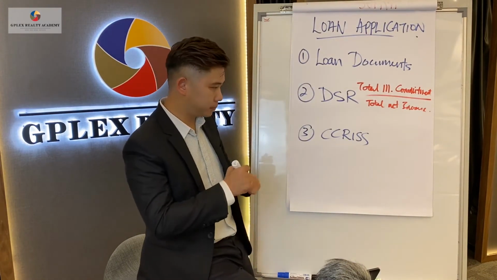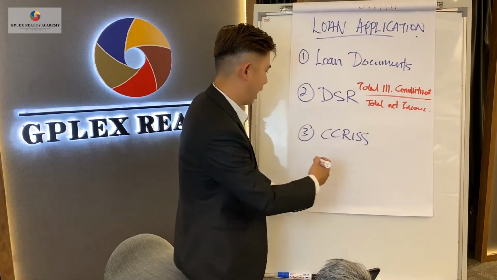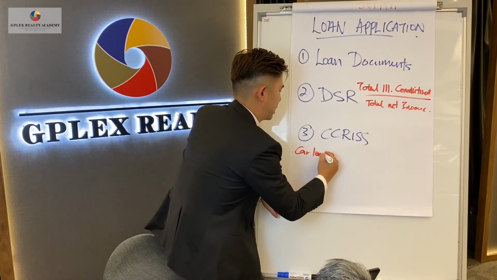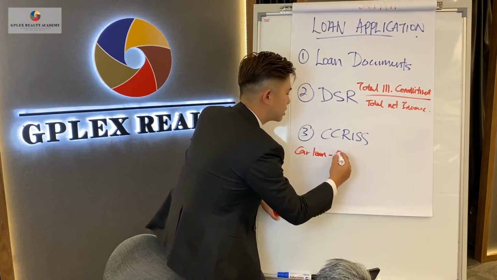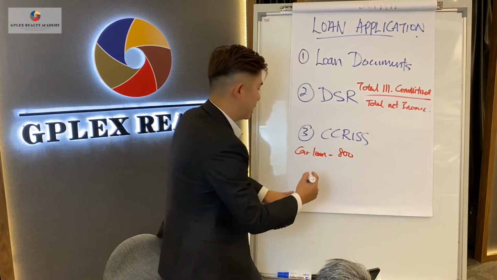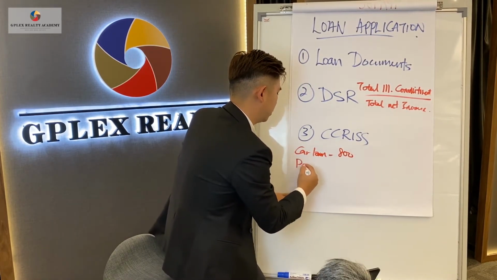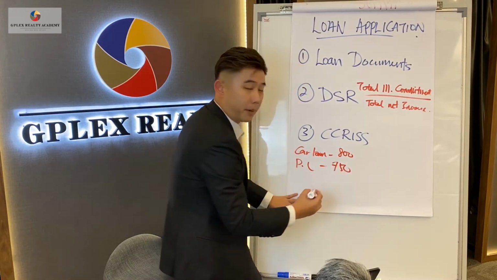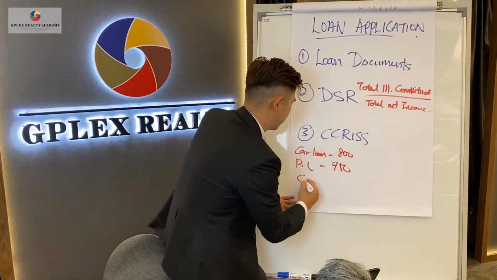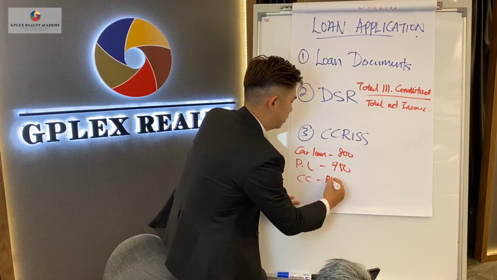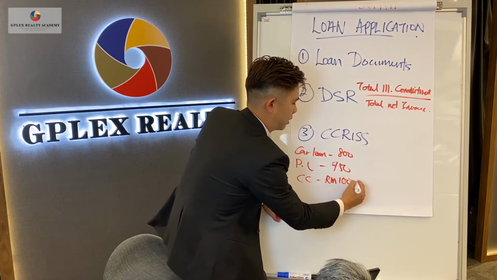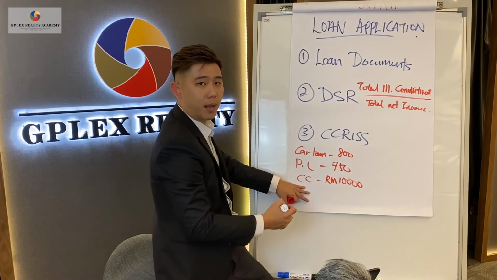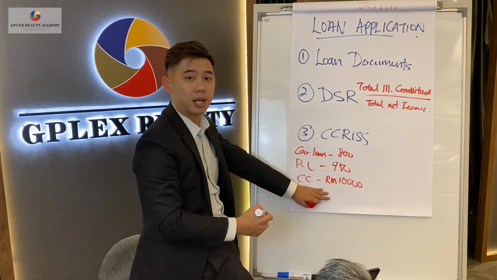Okay, for example, let's say I'm having a car loan, monthly installment is 800. And then I'm having a personal loan, paying 750 monthly, and then my credit card outstanding balance is 10,000.